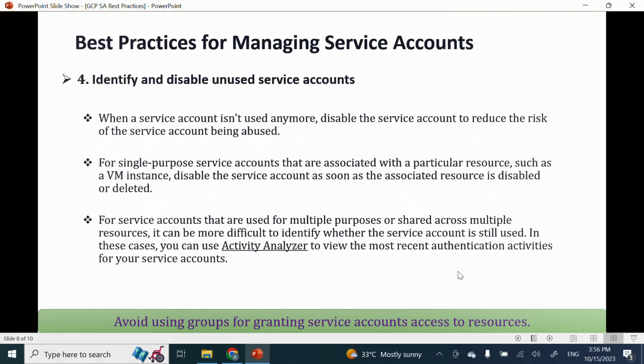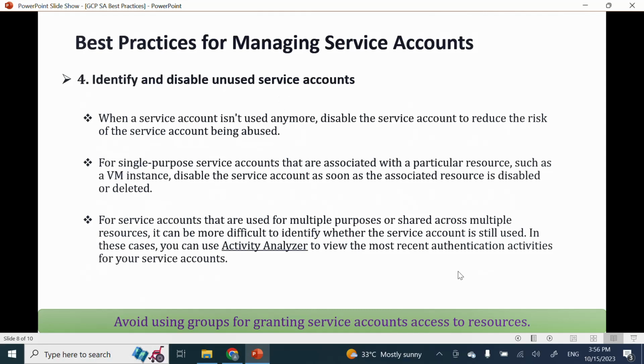Fourth is to identify and disable unused service accounts. When a service account is not used anymore, disable it to reduce the risk of the service account being abused. For single purpose service accounts that are associated with a particular resource such as a VM, disable the service account as soon as the associated resource is disabled or deleted.